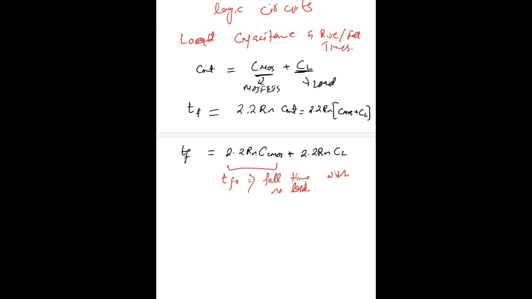And we have another quantity, this one, 2.2 Rn. This basically provides the slope of our line when we plot this TF with our load capacitance. We will see this in the graphs a bit later.